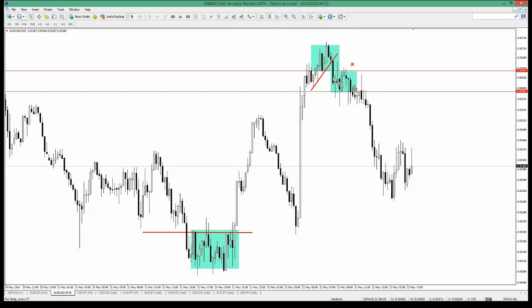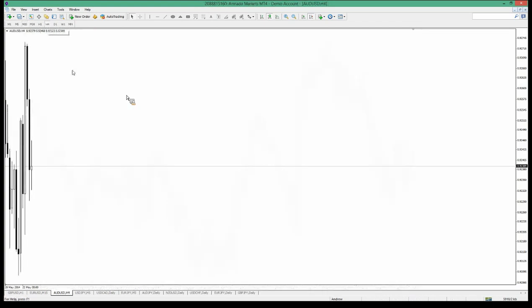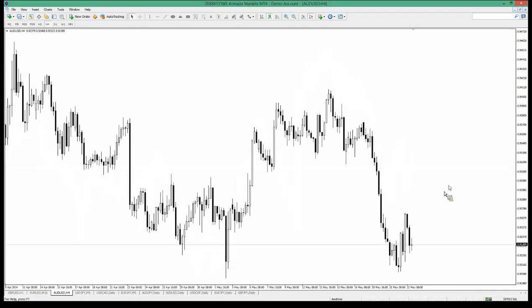So the first thing I want to do, before you start looking for patterns, is find out where we're trading, right? Once we know where we're trading at, we can then possibly add a setup, okay?